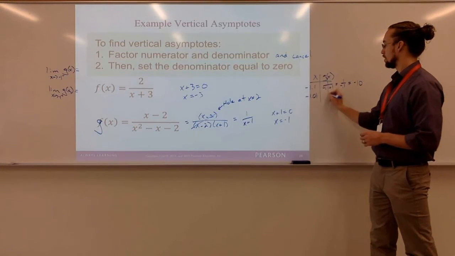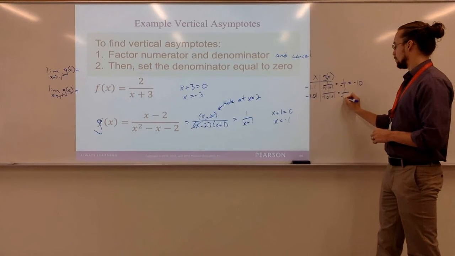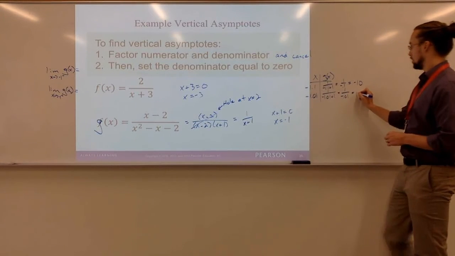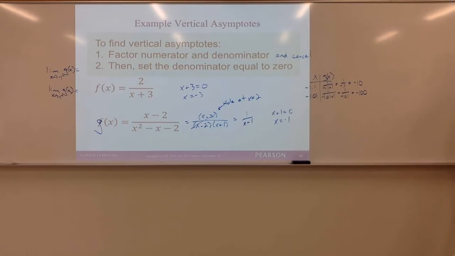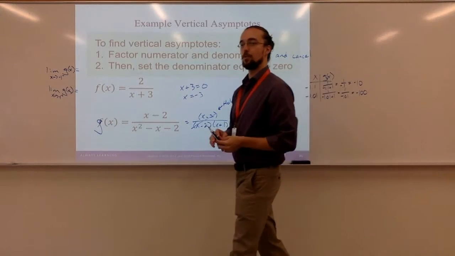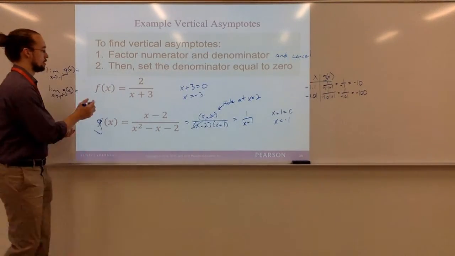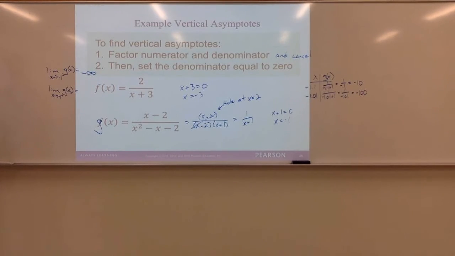If I plug in -1.01, that would get me 1 over -0.01, be -100. So as we get closer and closer to -1 from the left, I think that's going to be negative.